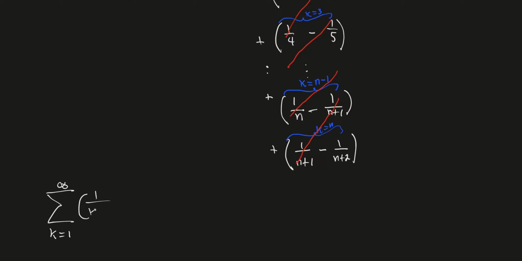So the 1 over k plus 1 minus 1 over k plus 2. And then what did we find out? We found out that the sum of the first n terms was in fact, let me write this down.